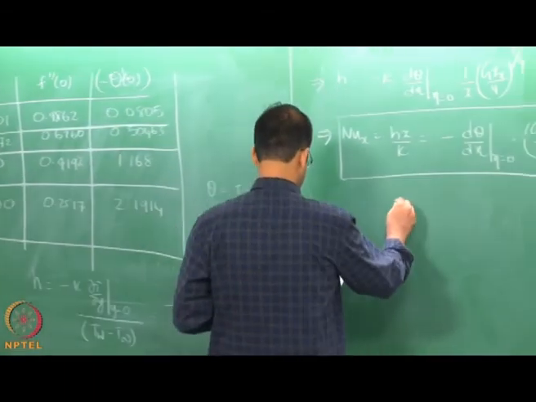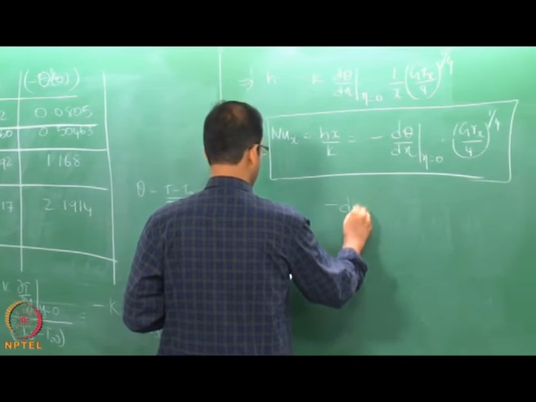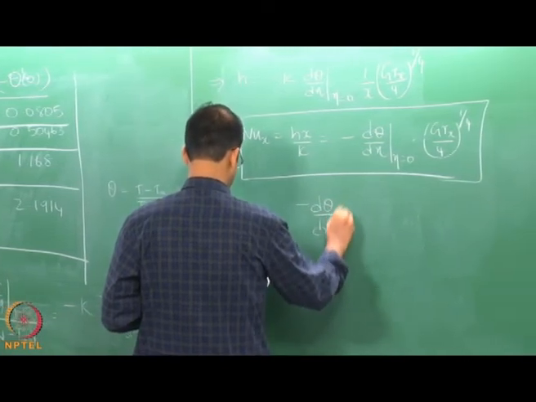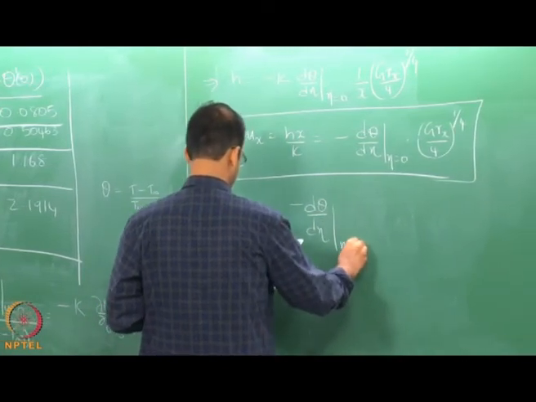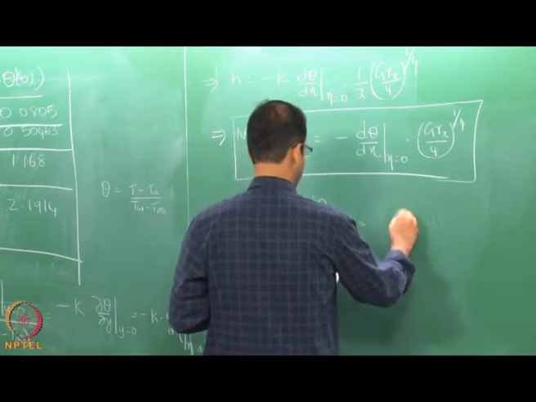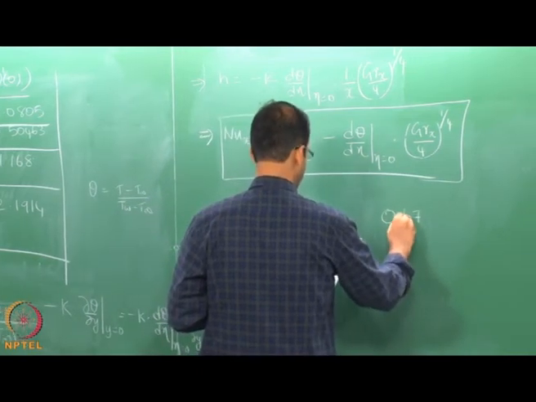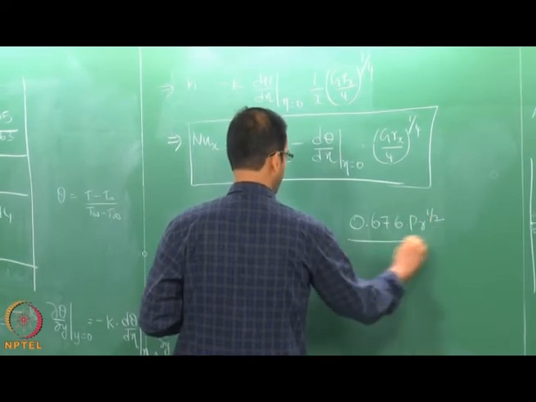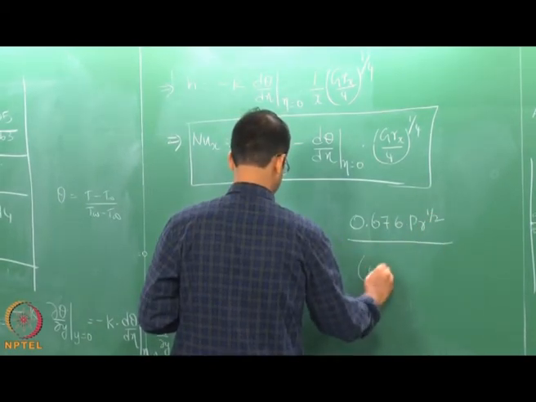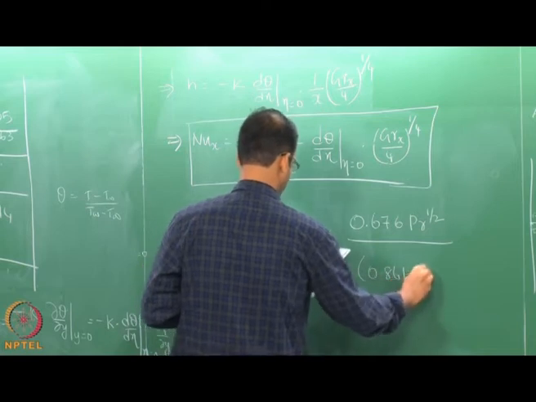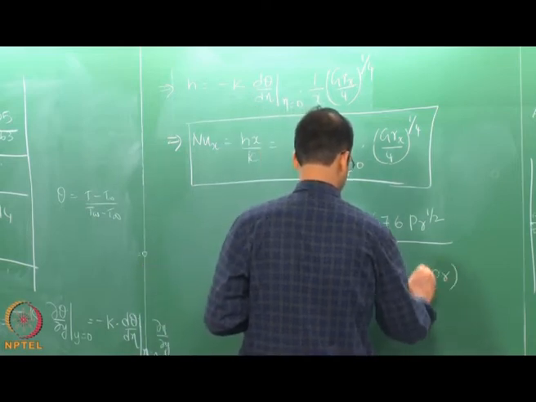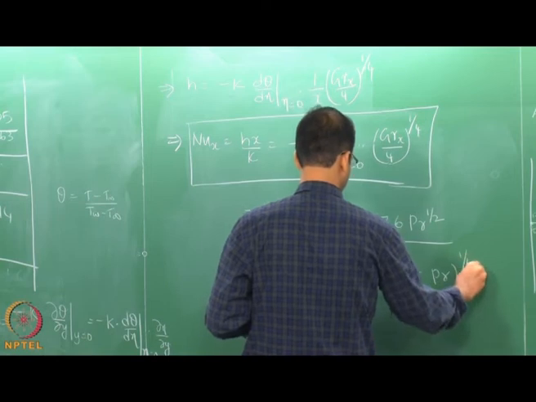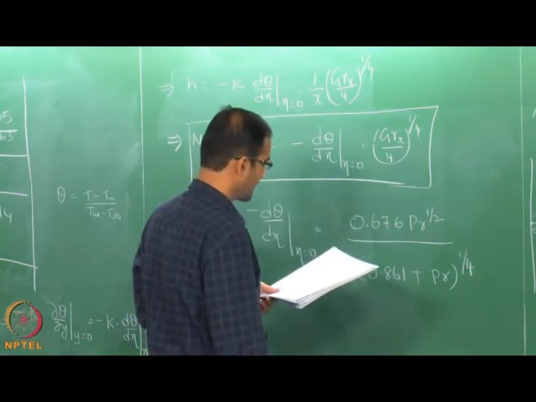So, according to that, it comes out to be minus d theta by d eta at eta equal to 0, according to Ostrach, is 0.676. Okay.